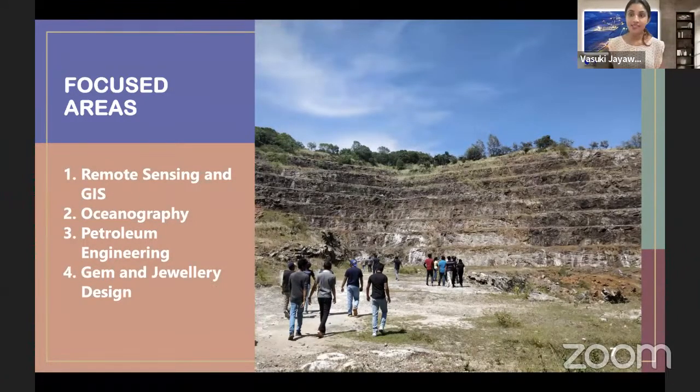In my case, the focused area I mainly followed was petroleum engineering, but I also did the oceanography minor because I was really interested in it, and I wanted to learn the subjects in the oceanography focused area. There are many nice field visits and practicals that you can do in the sea.